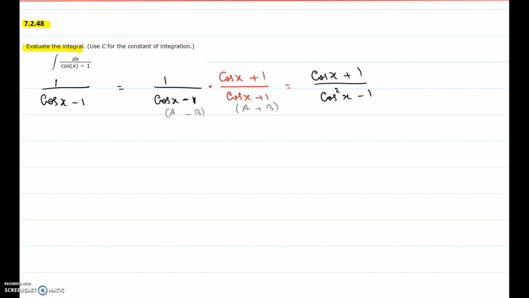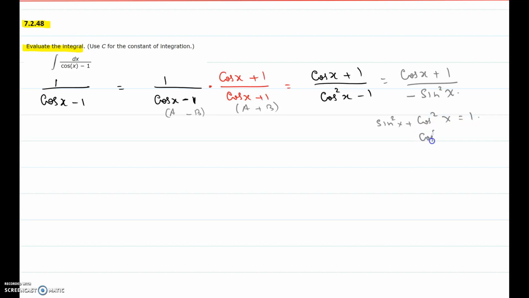The denominator looks like a minus b times a plus b, which is a difference of squares, which is cosine square x minus 1. At this point, this can be written as cosine x plus 1 divided by cosine square x minus 1. This is actually negative sine square x by the Pythagorean identity, because sine square plus cosine square equals 1.